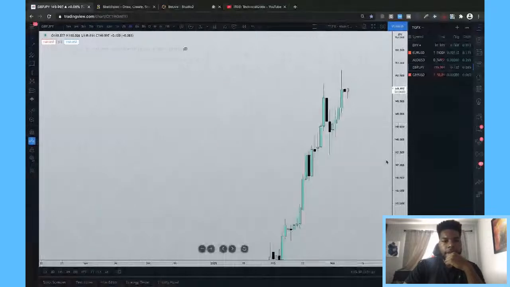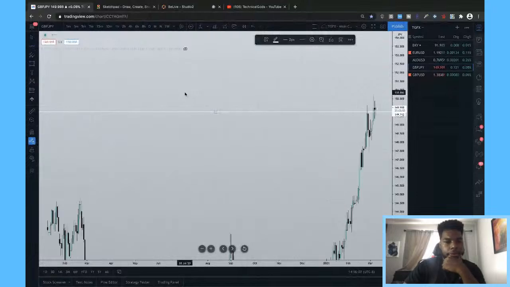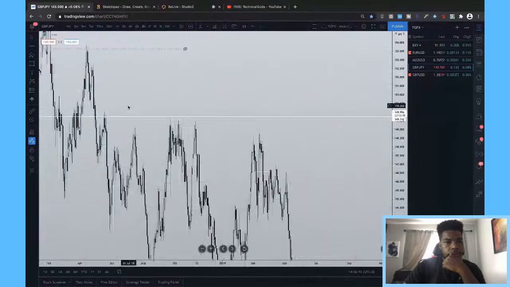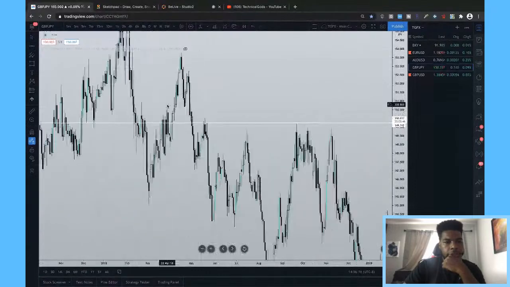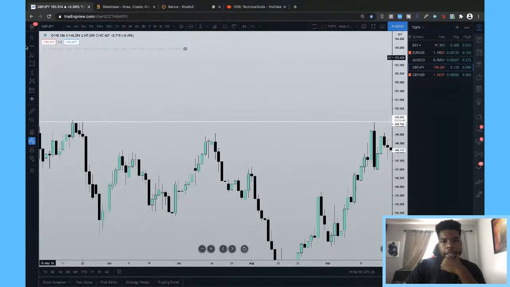if we highlight this area here and move over to the right, we'll find this level of interest over here. Okay, so I'll highlight that level. And then what I'll do is I'll extend it to the right.